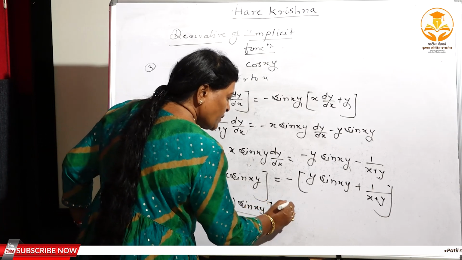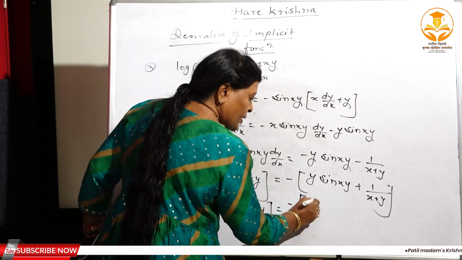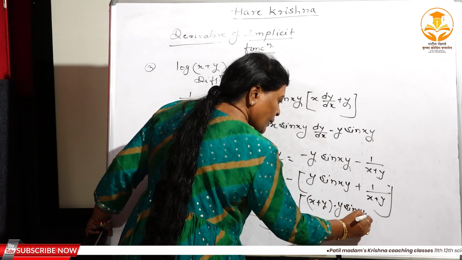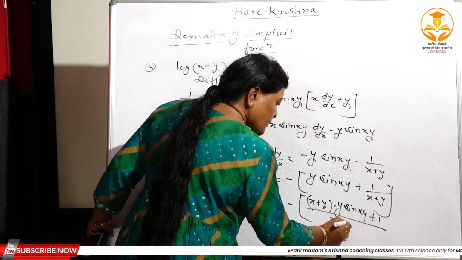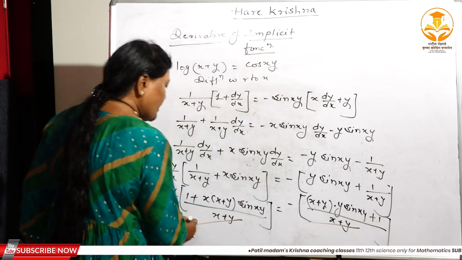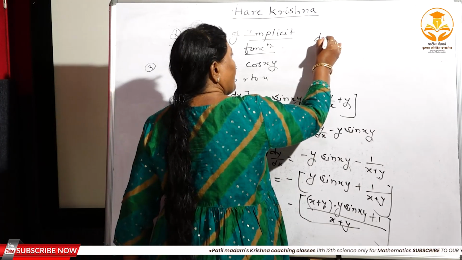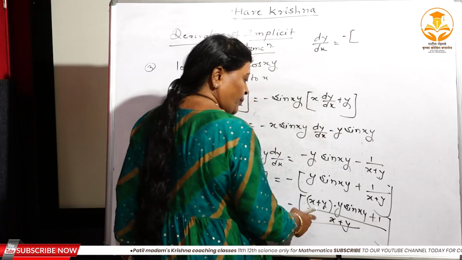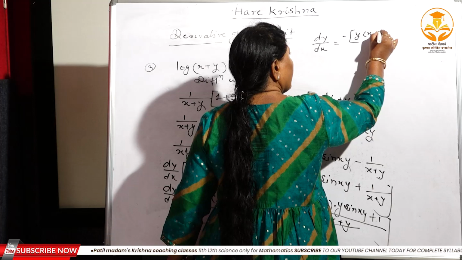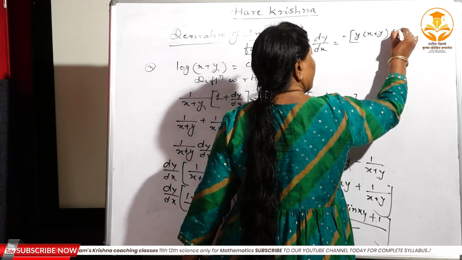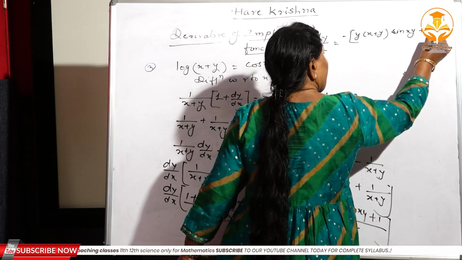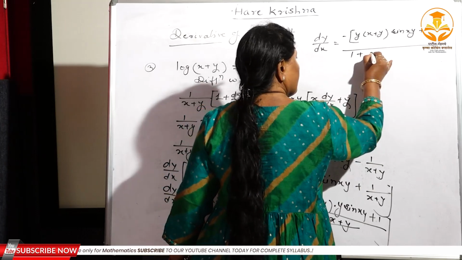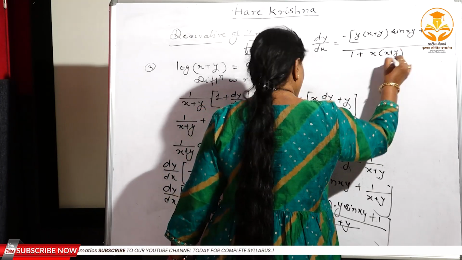Here also the same case, minus, again cross multiplication, x plus y into y into sin xy plus 1 divided by x plus y. Now here x plus y gets cancelled. You have got dy by dx equal to minus, in bracket, y times x plus y into sin xy plus 1, divided by 1 plus x times x plus y sin xy.